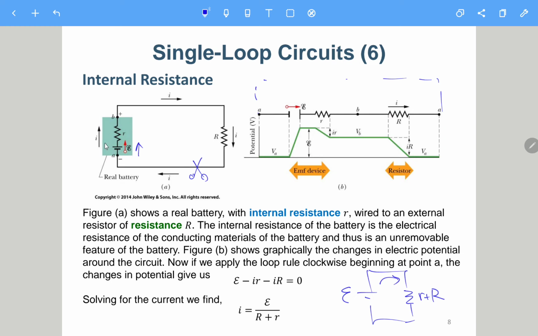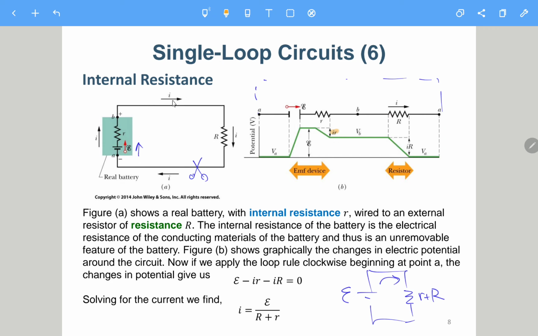The current is going from bottom to top, and we also go from bottom to top, so we need to subtract small I r. So here we have the voltage drop small I r, and the difference here is small I r.